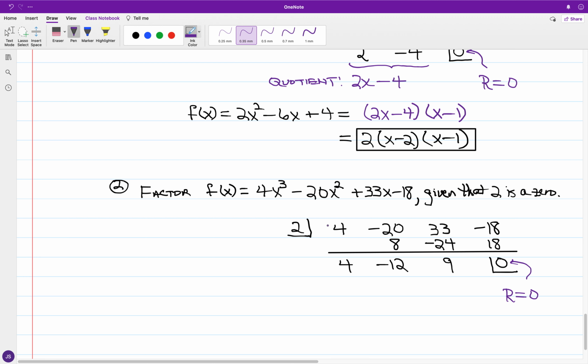Now, in the setup, just obtaining our variable expressions in the divisor and the quotient. So with 2, this will reference that the divisor is going to be x minus 2. Again, like if x minus 2 is 0, x is equal to 2.